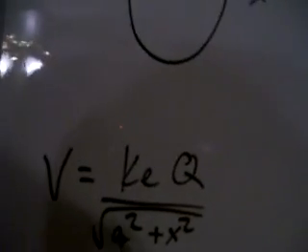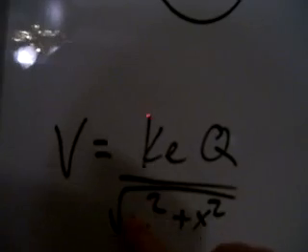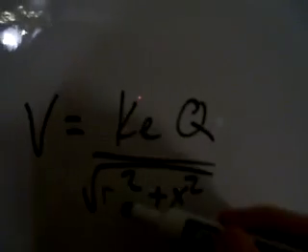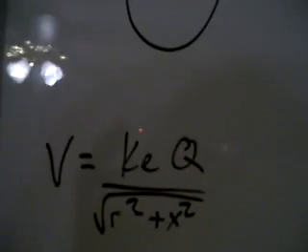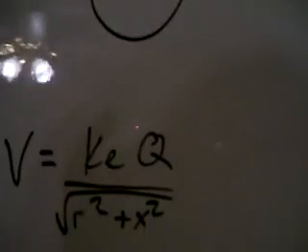Of course, this is not the a squared in our problem. It would actually be r squared for our purposes. But we can't use that because r is changing, so we're going to have to integrate.